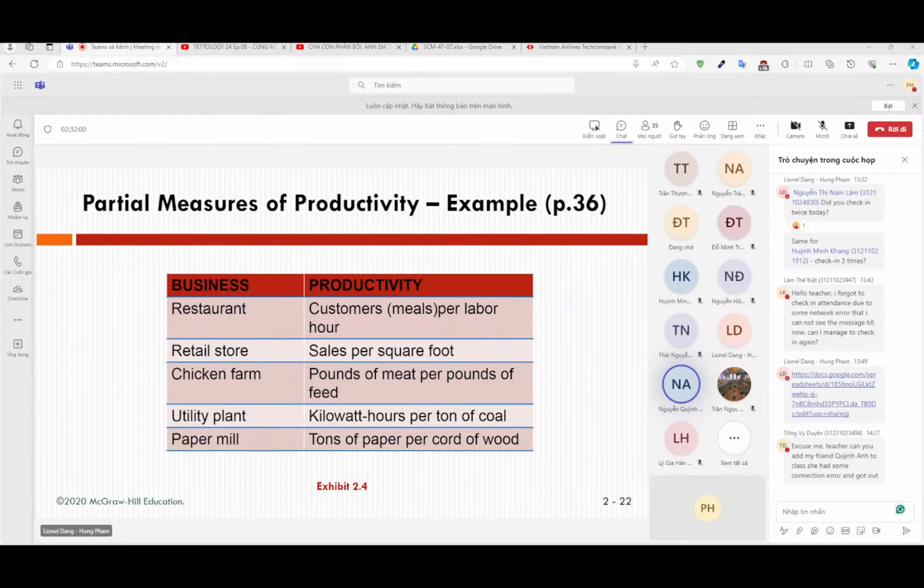For businesses such as restaurants, they can use the measure of customers per labor hour. Or for a retail store, they can use sales per square foot. Customers here, what does it mean? Is it in dollars, the number of customers, the profit, or the number of meals that you can produce? That is the number of meals that customers have.